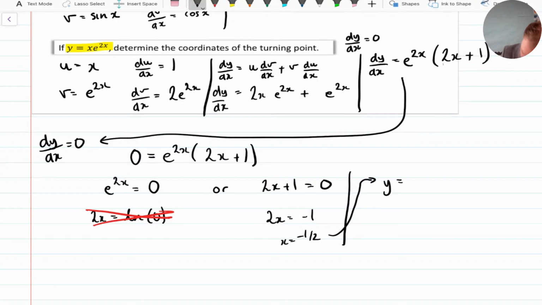So y is equal to minus a half times e to the a half times minus a half. Let's put that in there.